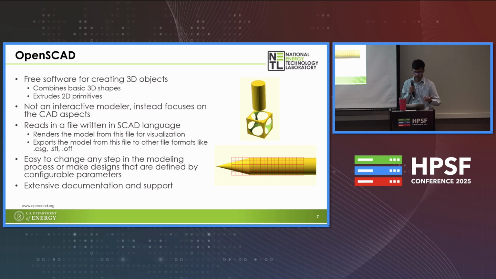OpenSCAD can render the SCAD files into other file formats like CSG, STL, and OFF. Some of the other advantages of OpenSCAD is that it's easy to change any step of the geometry construction. You can overlay something like a mesh on top of your geometry to see how it's going to be resolved in the simulation. And it also has extensive documentation and support.